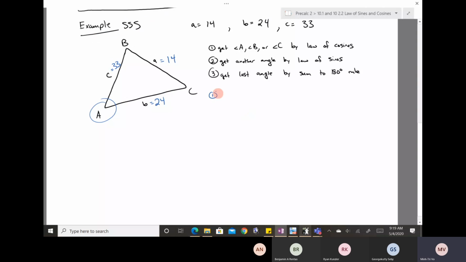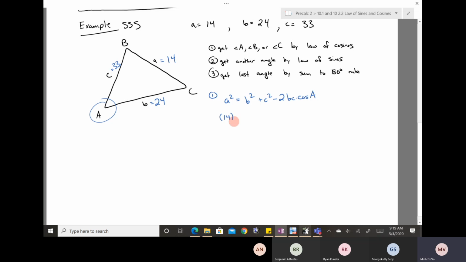Right, so for angle A, if you remember the law of cosines, the angle relates to the side, right? So this should be A squared. And then you have the other two sides. So B squared plus C squared minus 2BC times cosine of the angle, which is A. And then now let's plug in the information, right?